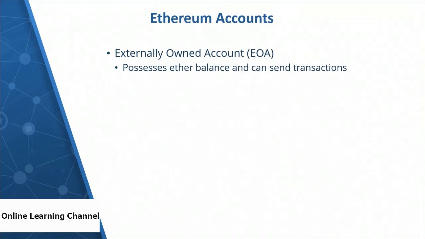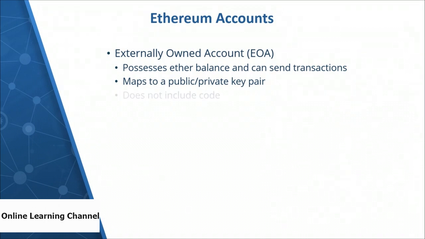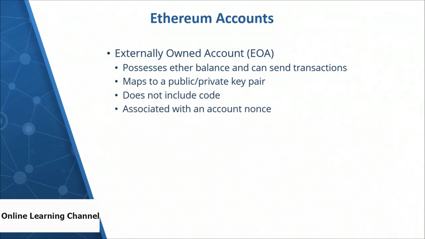Since every transaction needs to be authenticated, each account will be associated with a public and private key pair. An externally owned account does not include any code. However, it does happen to be associated with an account nonce. This is effectively a transaction counter which is incremented by 1 for each transaction which is invoked from that account.